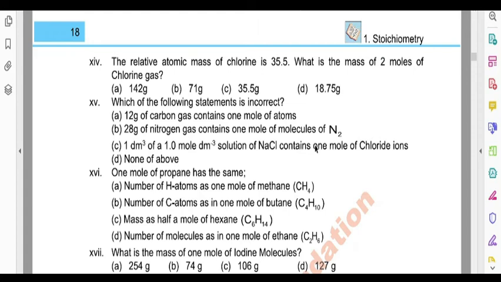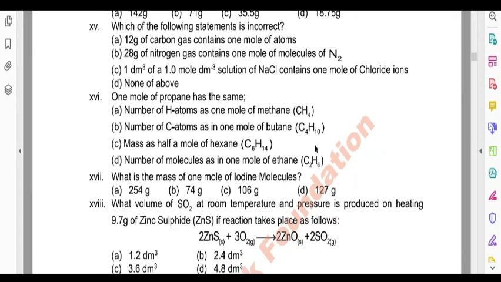Question number 16. 1 mole of propane has the same number of hydrogen atoms as 1 mole of methane, number of carbon atoms as in 1 mole of butane, mass as half a mole of hexane, number of molecules as in 1 mole of ethane.